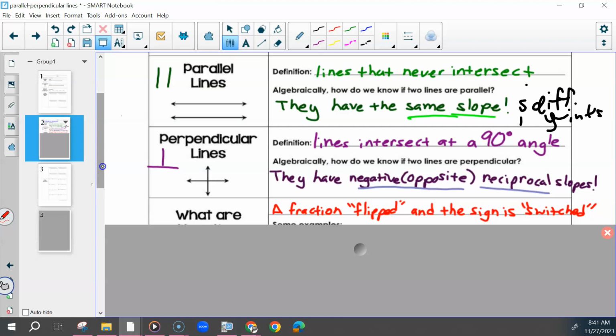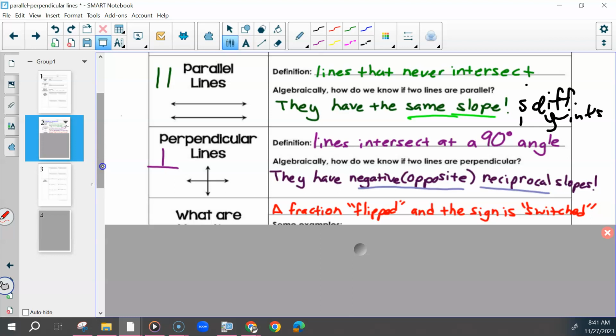Algebraically, we know two lines are perpendicular if they have negative, opposite, reciprocal slopes. So we talked about the slopes being flipped or reciprocals, one being positive, one being negative. Those are called negative reciprocal slopes.